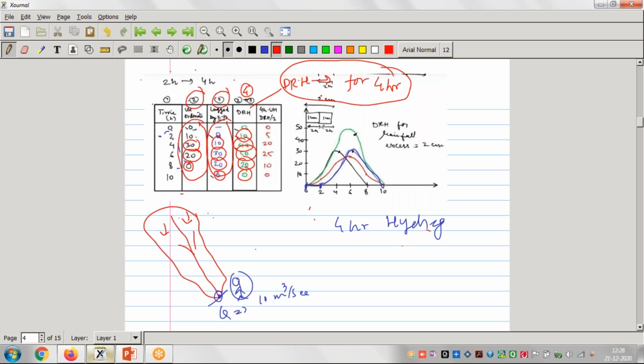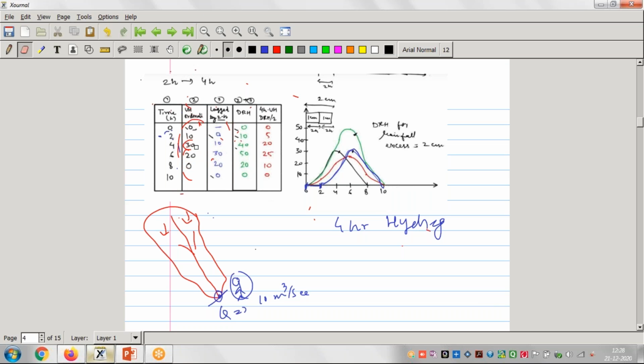Now, one thing you should know: this is the direct runoff hydrograph, this fourth column, right?